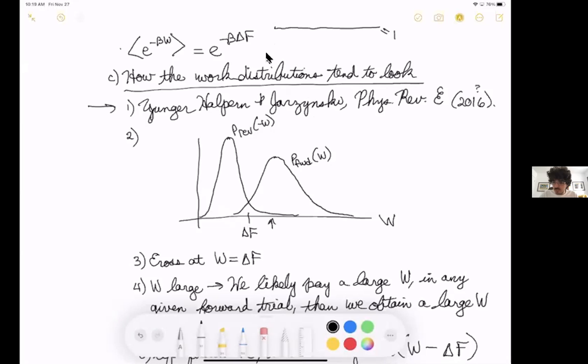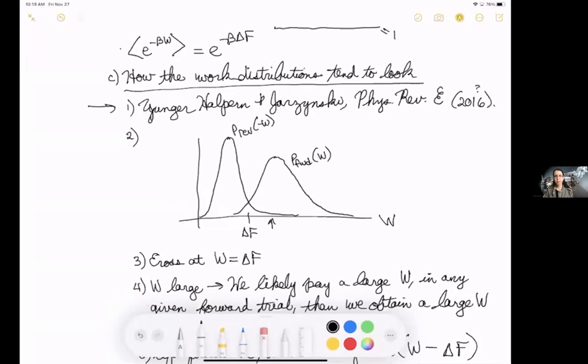Okay, I see also a couple more questions in the chat from Thales and Diego and Nicolas. Had we taken work as an observable in a Heisenberg picture, then we would obtain different values for the left-hand side of Jarzynski's equality.